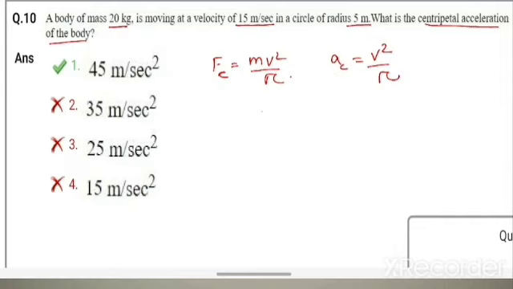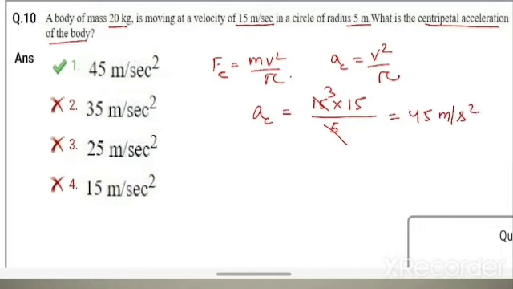Here v is given as 15 meter per second, so 15 into 15 divided by r. Radius is 5, so 5 into 3, 15, then 3 into 15, 45 meter per second square is our centripetal acceleration. So here we completed question number 10.